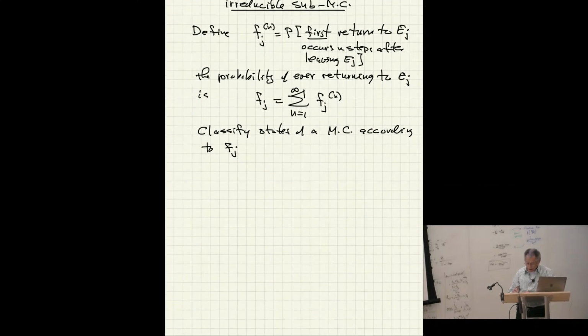So here's a few cases. If f_j equals 1, then we say we have a recurrent state, E_j.